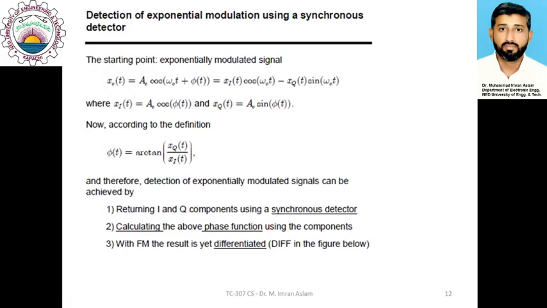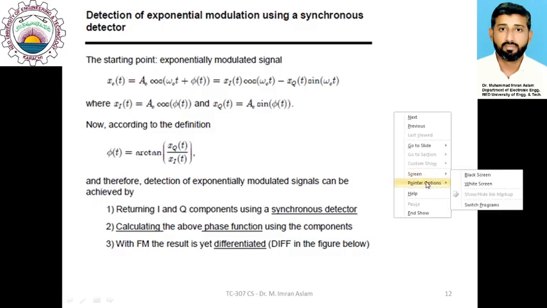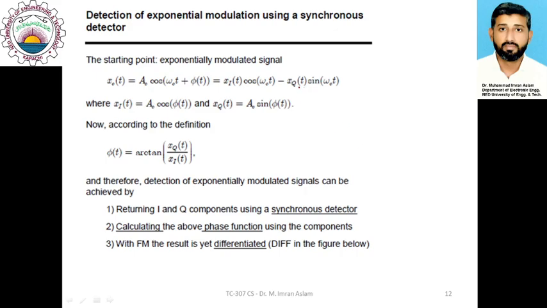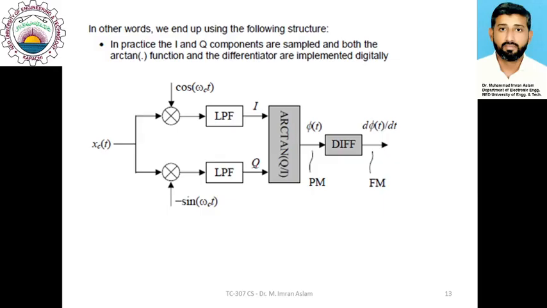Coming back to our case here, the synchronous detection of the FM signal, you should see that we have two components, the I component and the Q component. So we need two synchronous detectors here, one for detection of the I component or cosine component and another for the Q component or sine component. So how do we implement this?